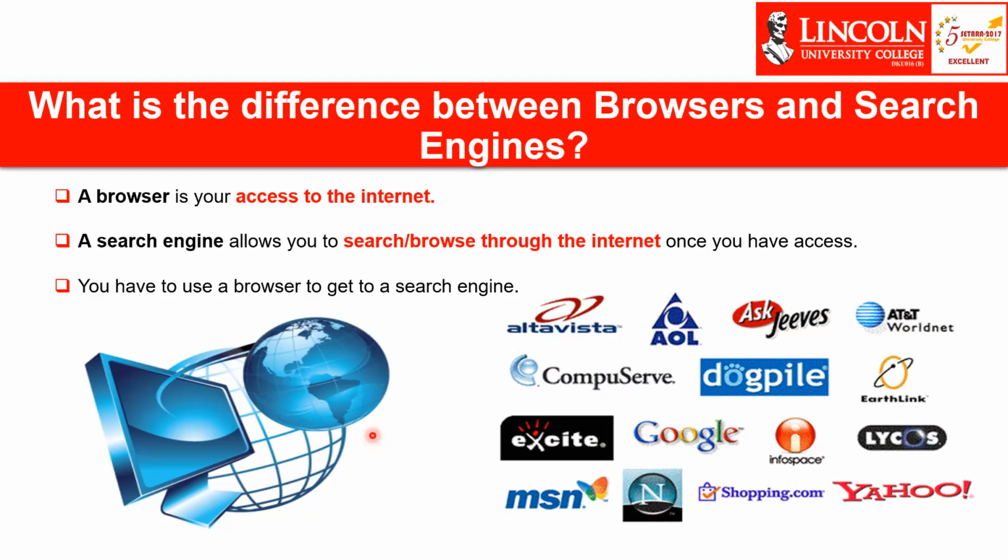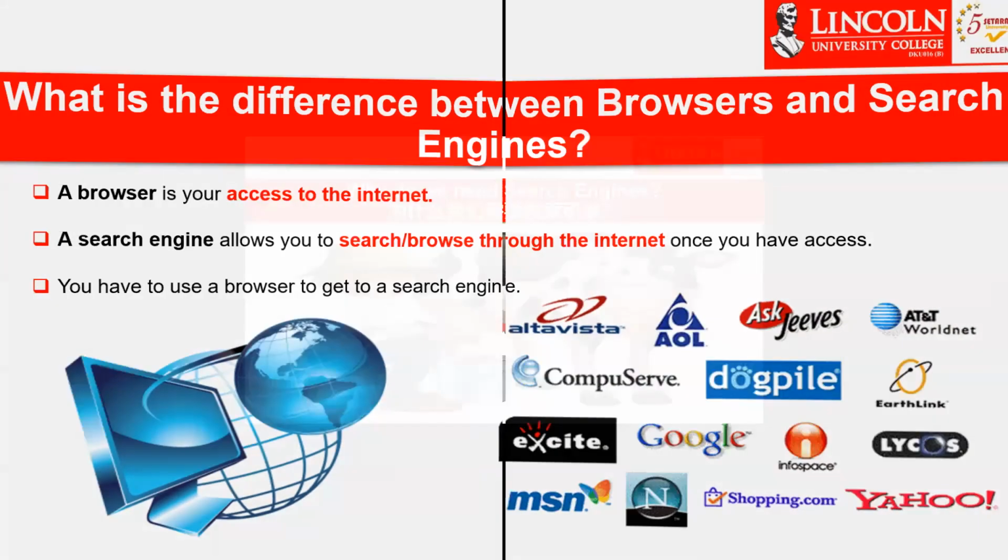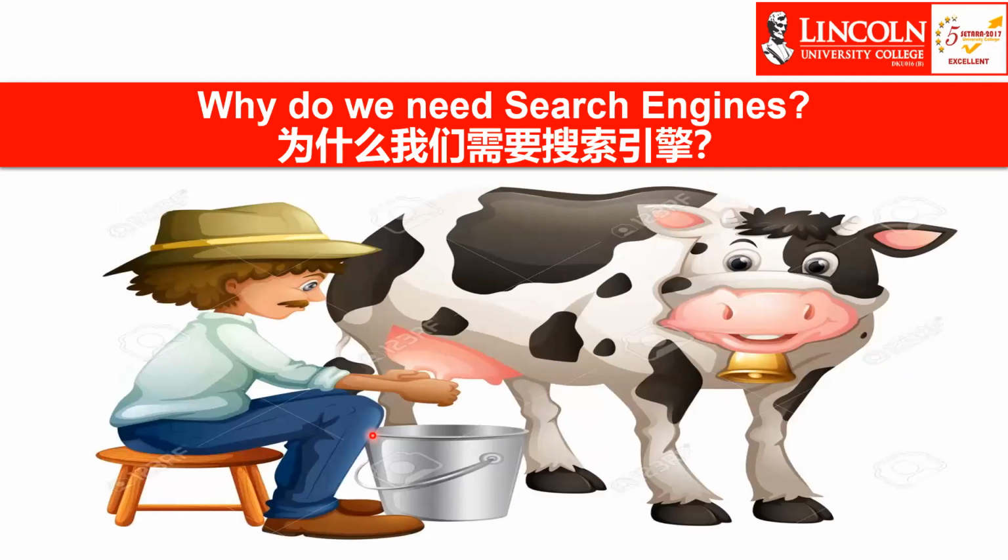Okay? And of course, we have other search engines such as AltaVista, AOL, ArcGIS, AT&T WordNet, and many others. So depending on whichever one you want, they provide you with the information that you need. Now, why do we actually need a search engine?